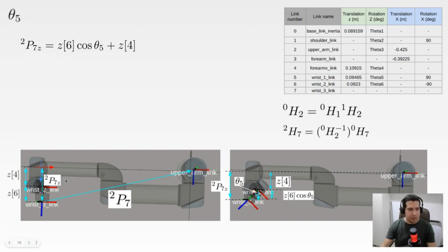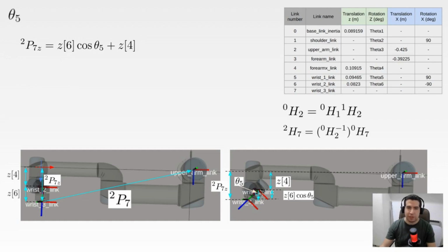So notice that this distance is equal to z4 plus z6, but wrist 3 link rotates with respect to the wrist 2 link by theta 5.